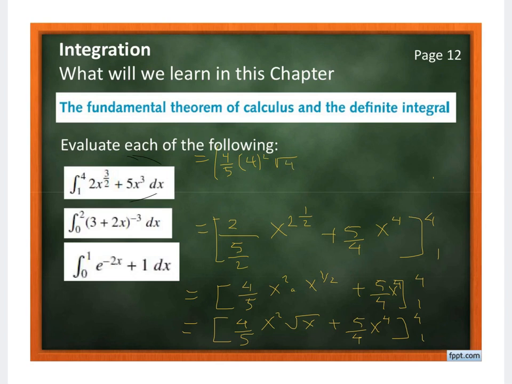Root 4 plus 5/4 whole exponent by 4 minus 5, 1 square root 1 plus 4/5, 1 exponent by 4.